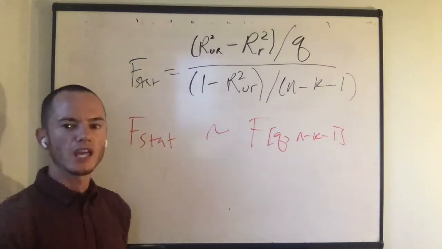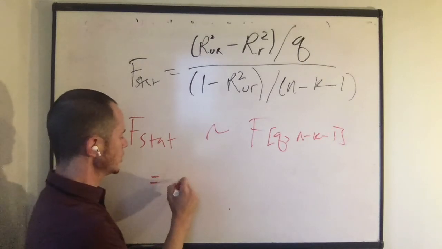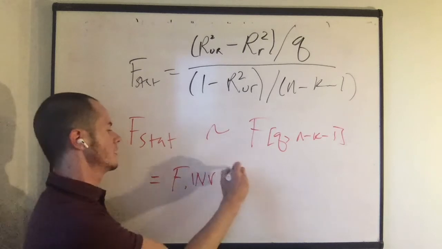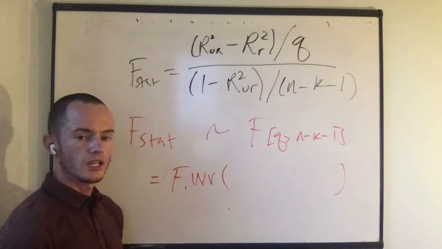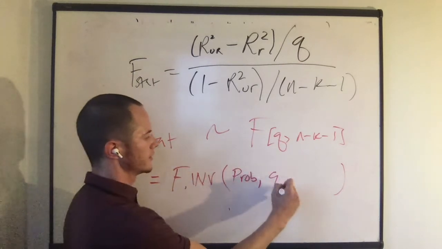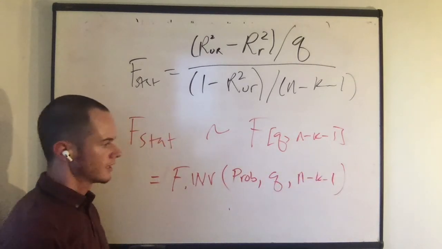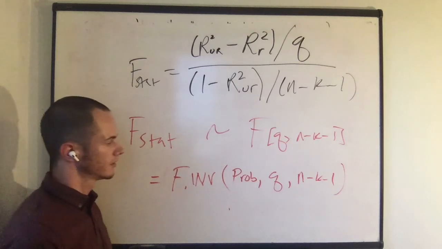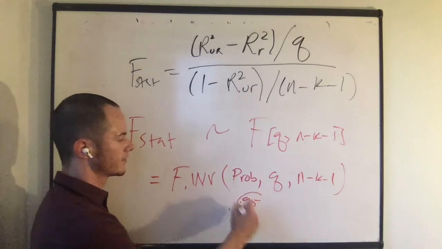And we can get this critical value using the F.INV function in Excel, where this is going to be the probability, this is Q, this is N minus K minus 1. In this case, if we want the 5% level of significance, then the probability is 0.95 here.